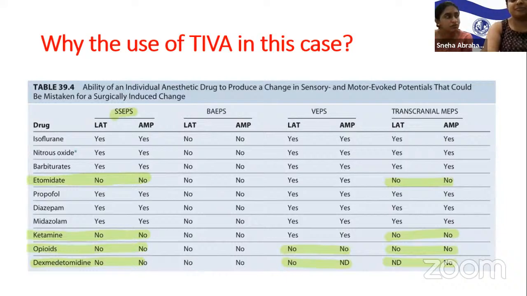In our case, for maintenance, we did not use any inhalational agents. We used a propofol infusion at 100 mics per kg, and dexmedetomidine infusion at 0.5 mics per kg, with boluses of fentanyl.